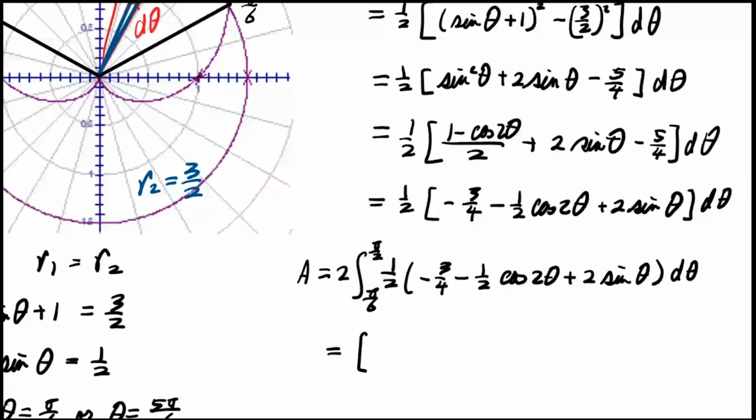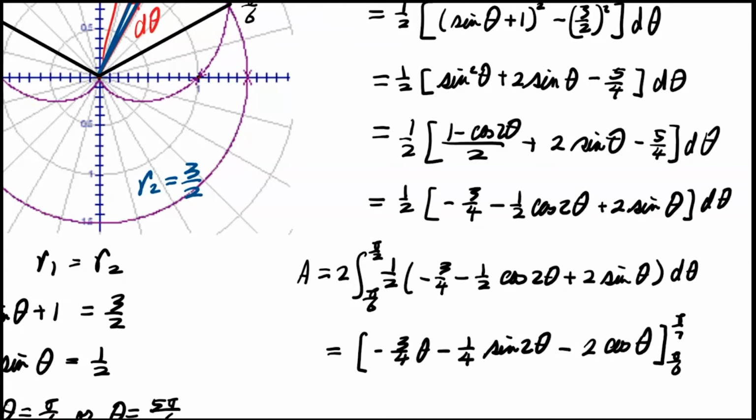Okay. -3 over 4 theta minus sine 2 theta. Let's check the sine derivative. That's still negative, but chain rule, so we need 1/4 here to be cancelled and have 1/2. And then this will be minus, right? Let's check. Derivative, negative sign, yes. And then pi over 6 to pi over 2.